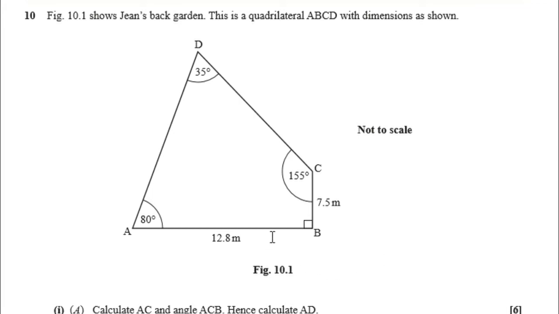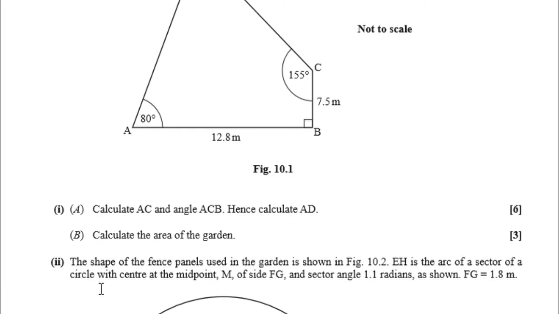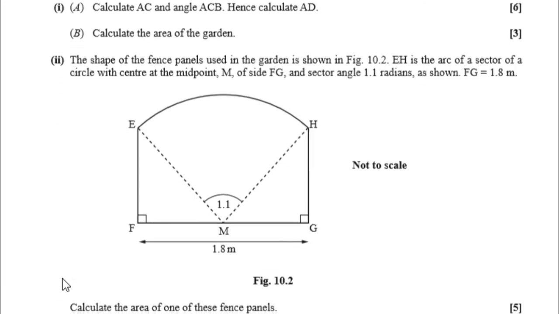And also Pythagoras theorem. Then the second part is the shape of fence used is shown as this, and EH is a sector of a circle, and it's 1.1 radians. So make sure your calculator is in radian mode, and calculate the area of this panel.